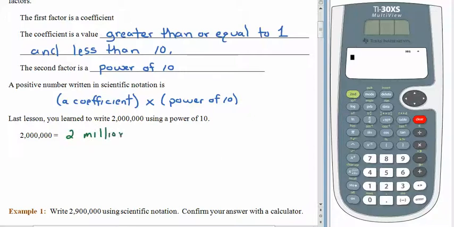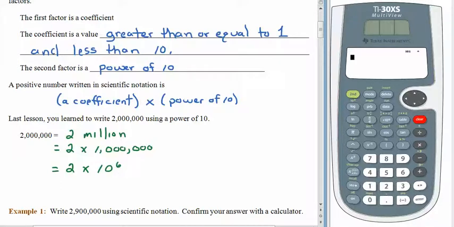But we wrote the million part out in words. And then we changed it a little bit so that the million looked like a million written as a number. So we have 2 times a million is indeed 2 million. And then the last thing we did was to take the million and write it as a power of 10.